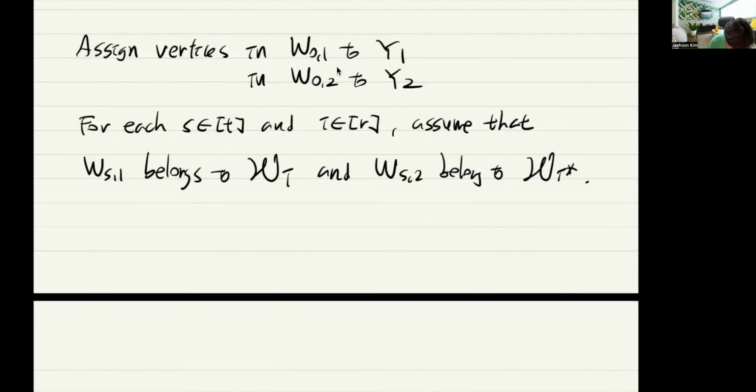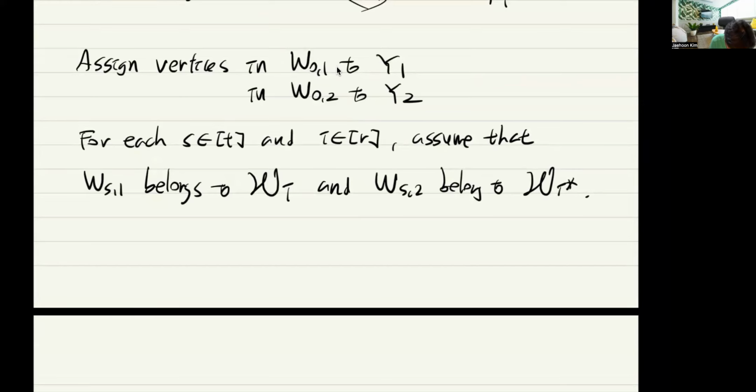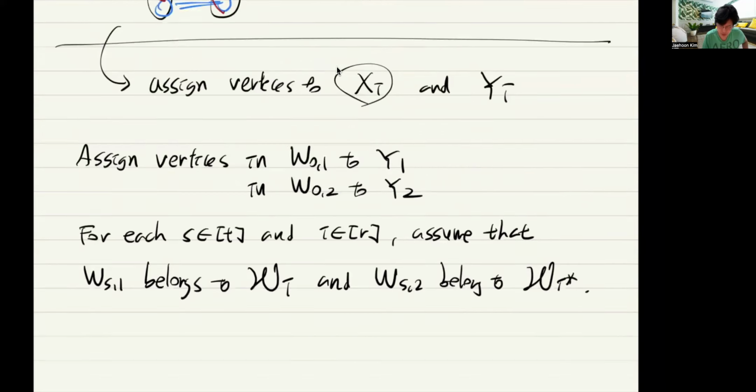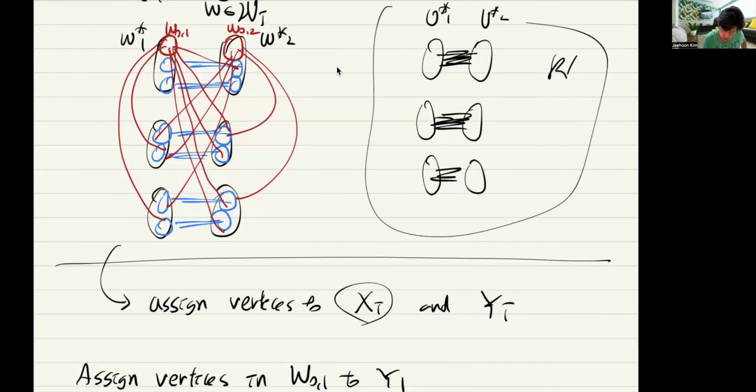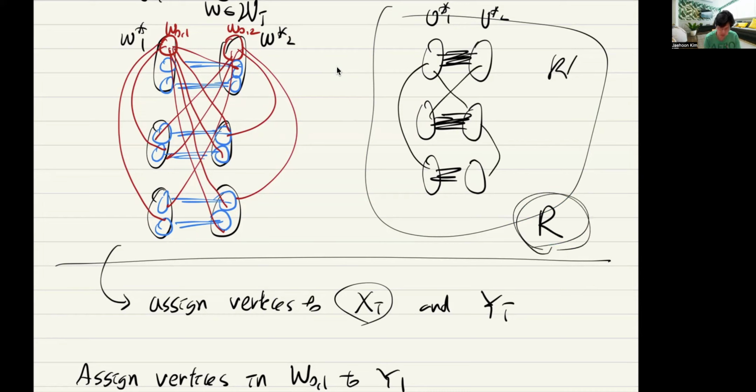Then what we know is the R. Here, these are like R prime. But in here, we actually have R in this reduced graph. So in G, there could be more edges between them which may not belong to any superregular pair. But that information is encoded in R.